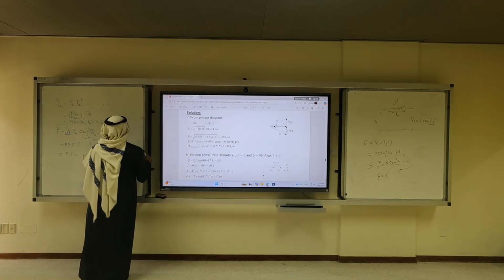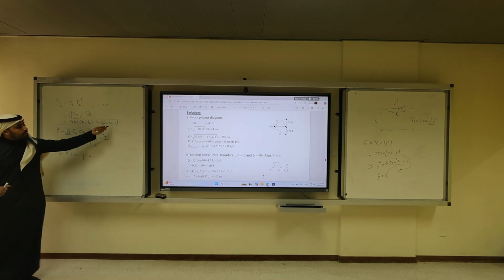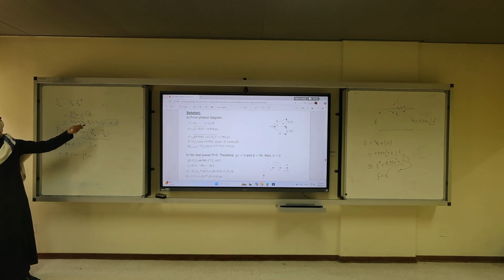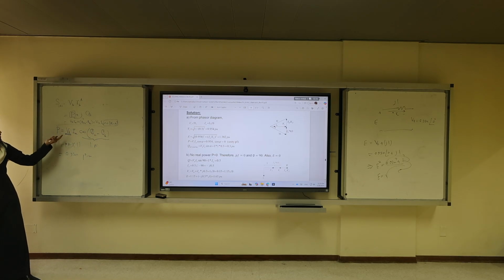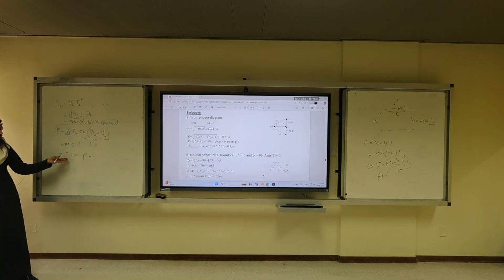Alpha minus 0. So I have to calculate cosine of alpha to get the real power. But here I'm taking a shortcut because I don't want to have two unknowns, P and alpha. So now we calculate the real power, which is 0.954.